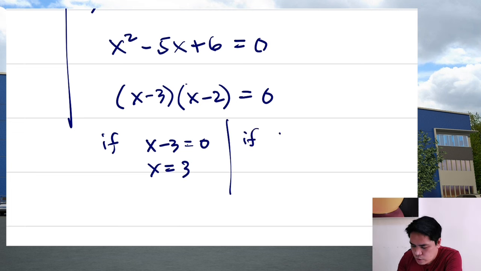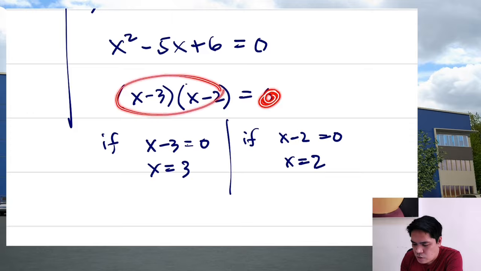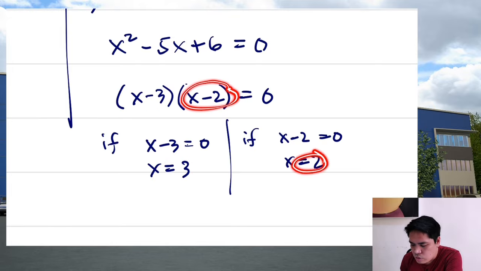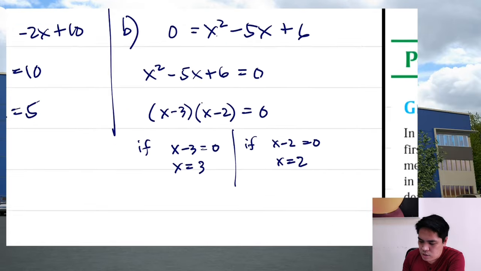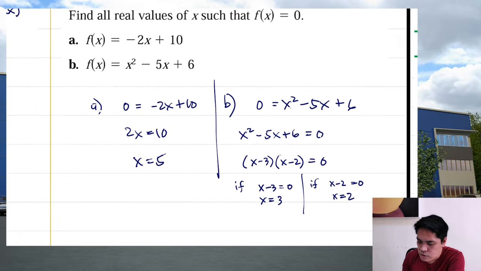And if x minus 2 is equal to 0, then x is equal to 2. Kasi para maging 0 yung value nito, dapat yung isang factor dyan is 0. So, kung ito yung 0, dapat yung x 3. Then, kung ito yung 0, dapat yung x 2. So, therefore, for letter B, we have two values of x, which are 3 and 2.